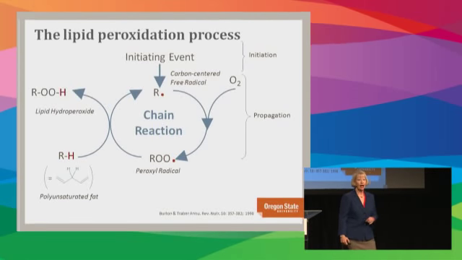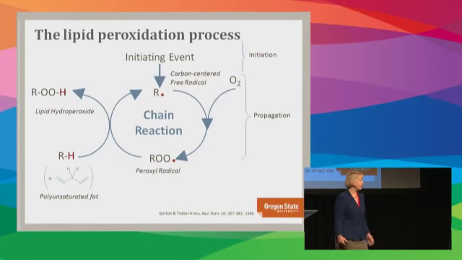And lipid peroxidation. That is the most dangerous kind of free radical chemistry. This diagram that I'm showing you was actually developed by my colleague Graham Burton, and we published this over 25 years ago.